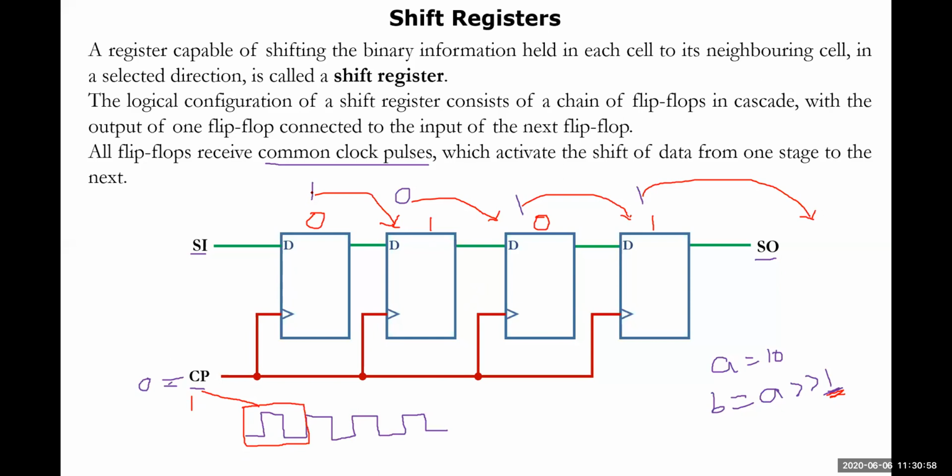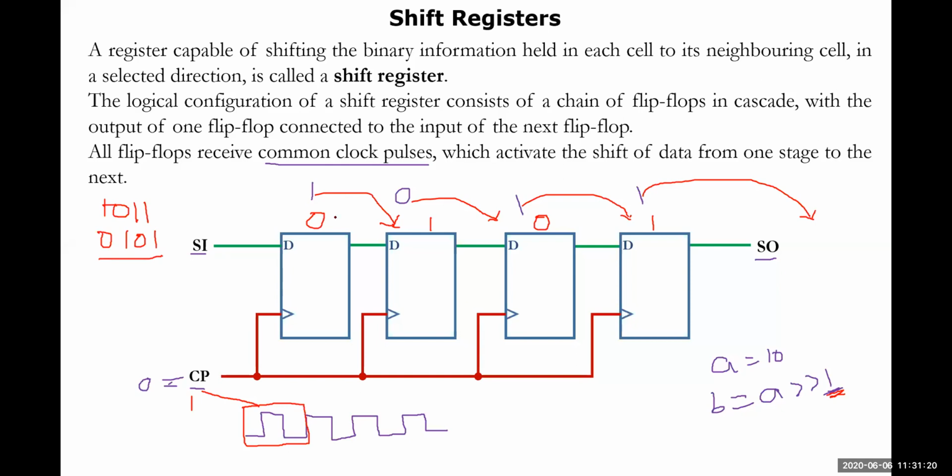So initially 1011 will be there, then after one clock pulse, obviously, it will be 0, 1, 0, 1, something like this.